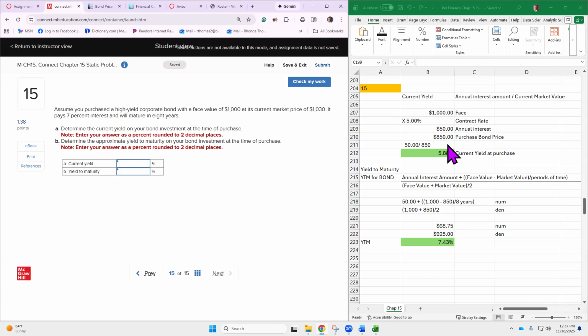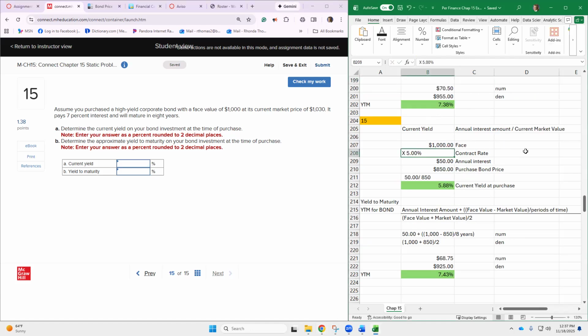Okay, so let's put down the amount that we meet, and I put matures in 8 years. We do need to include that piece, all right, and it is paying 7%. Okay, so the annual interest is $70.